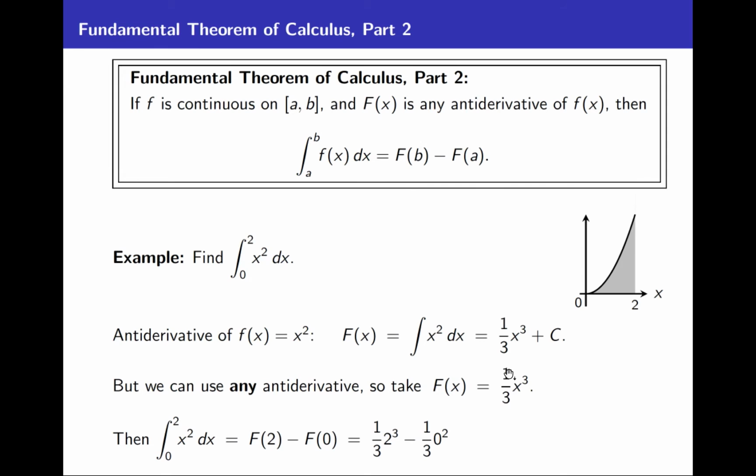Big F of 0 is 1/3 0 cubed. And when you combine those, you get 8/3, just as we expected. That's the value of this definite integral. And it's so much easier than working out that limit.